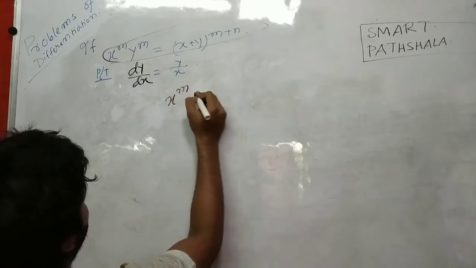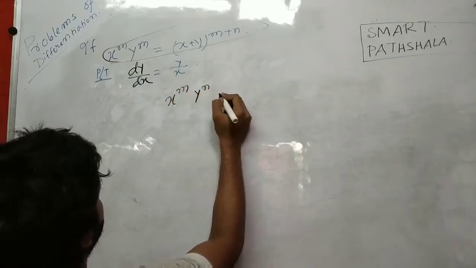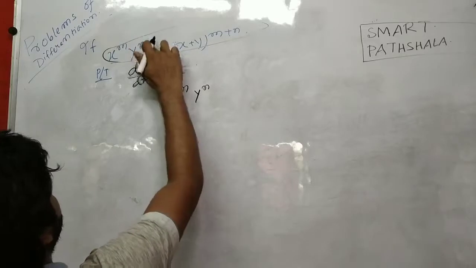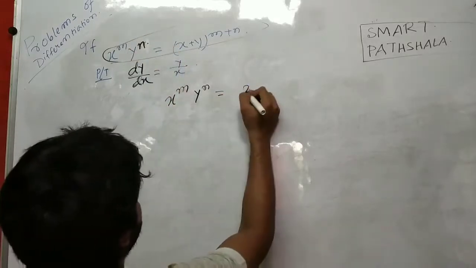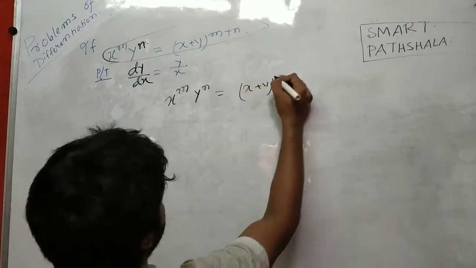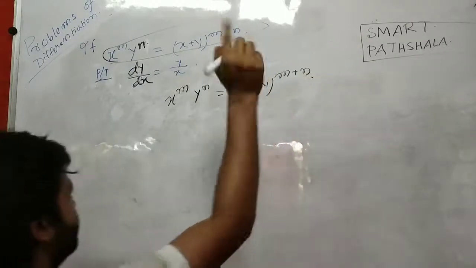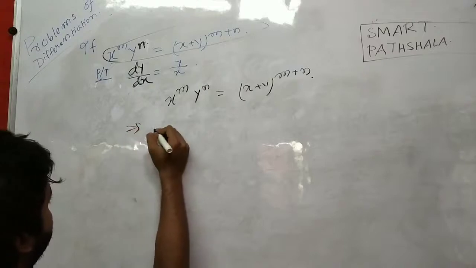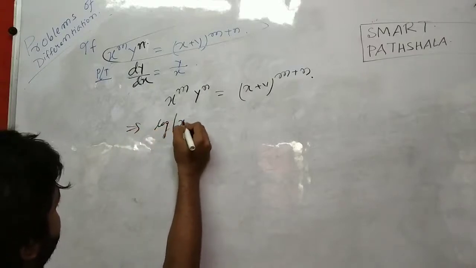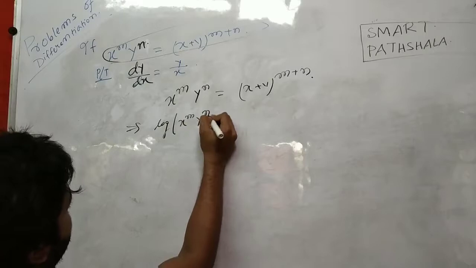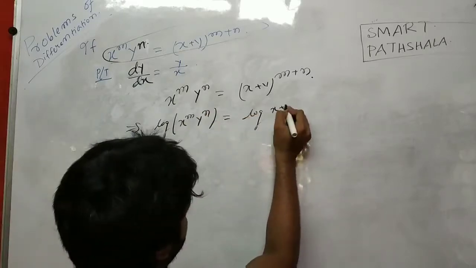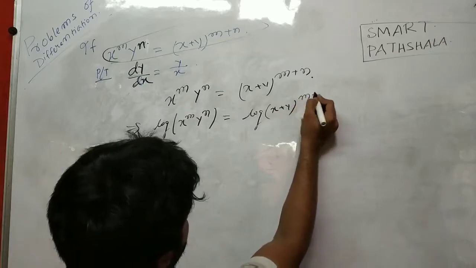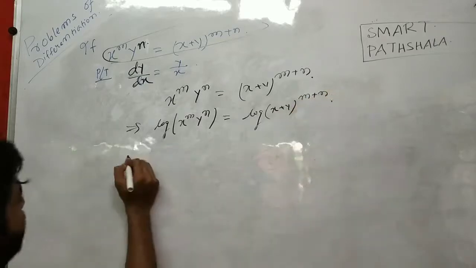Sorry, this should be n actually. Now repeating the steps again, we'll have log of x to the power m, y to the power n is equal to log of (x plus y) whole to the power m plus n.